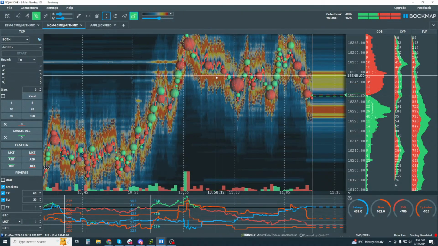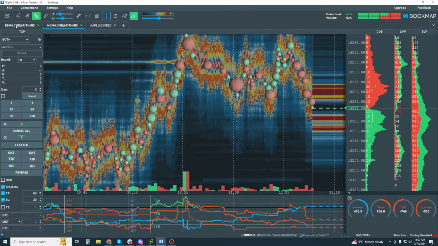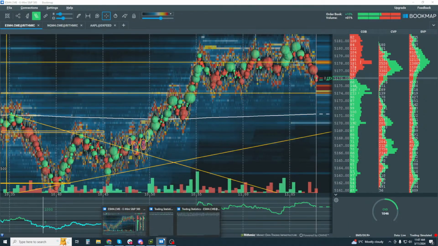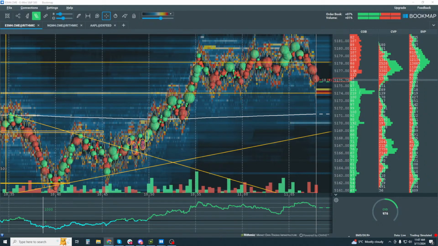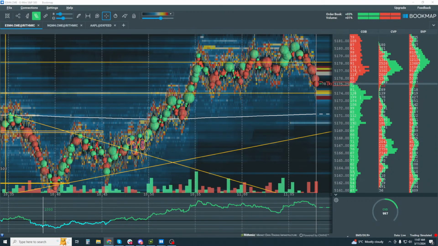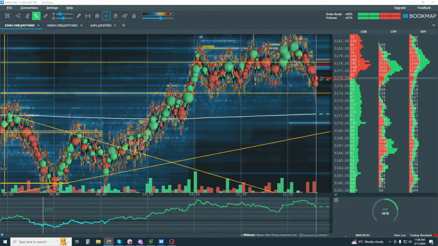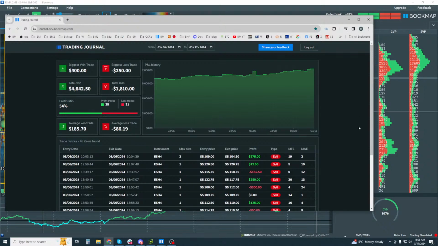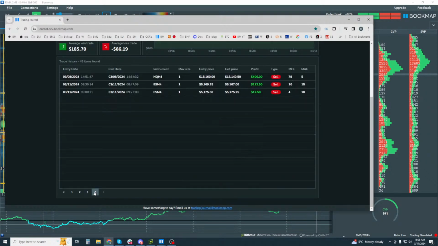If you close that and you take a trade, it will not be recorded. So you need to have it open. Once you have it open, then you should see the trades immediately. Let me bring it up again. So yeah, down here.